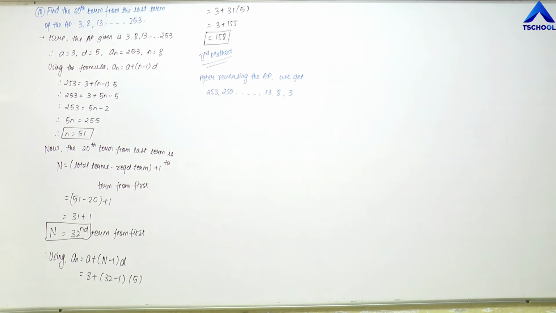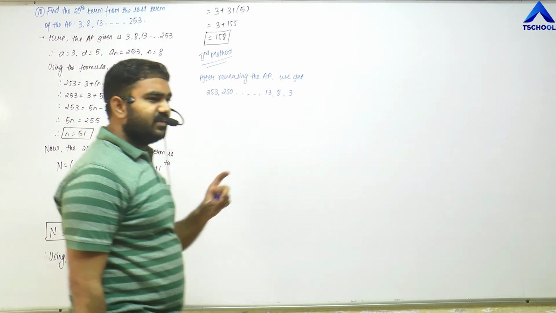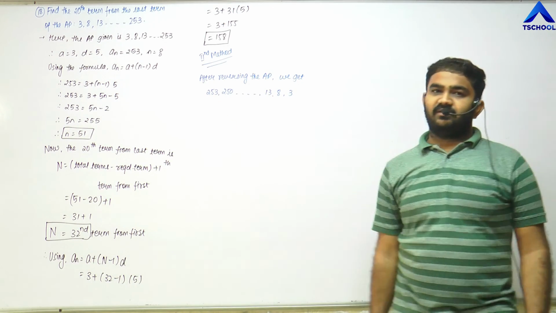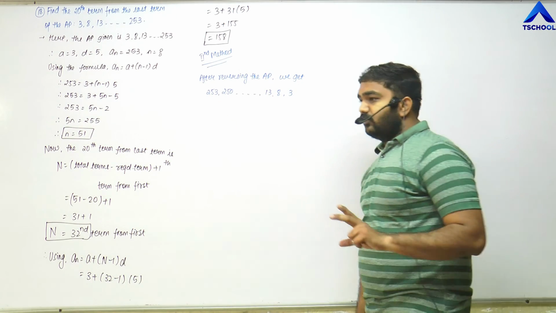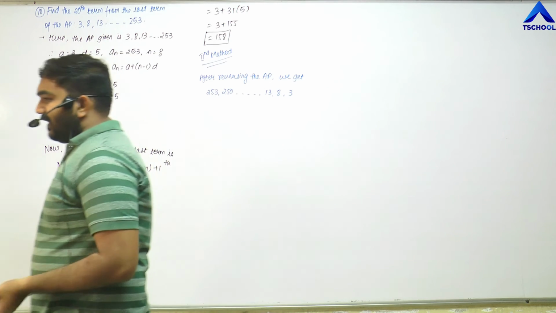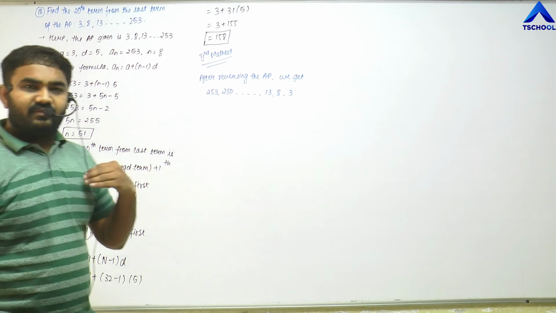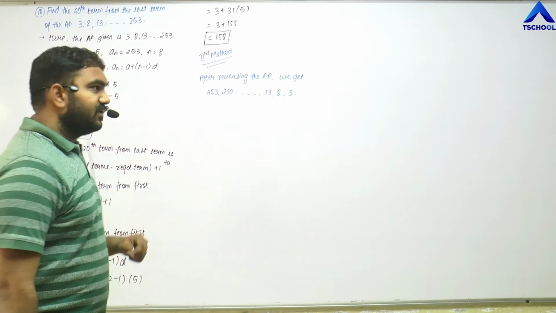See friends, what we did is, we simply reversed the AP, right? We didn't do anything new, we simply reversed the AP. That means the first term is now your last term and the last term is now your first term. So as we required the 20th term from the last, it will be now the 20th term from the first.